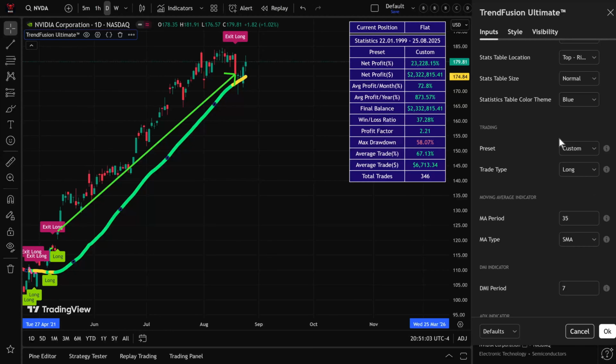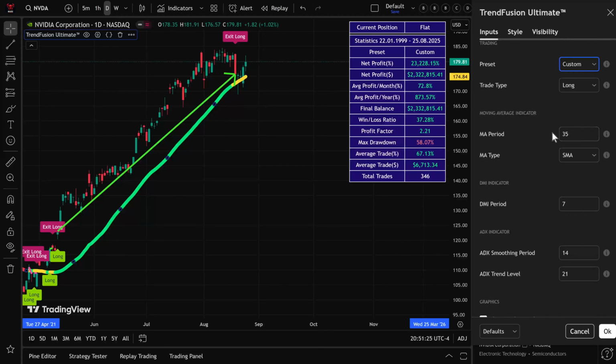So remember, whenever you start optimizing the settings, switch the preset to custom. The custom values on this indicator actually match the Bitcoin values. That's why you see 23,000% net profit on BTC and on custom. So when you switch to custom, then you can change the indicator settings and they will take effect on this trading system.